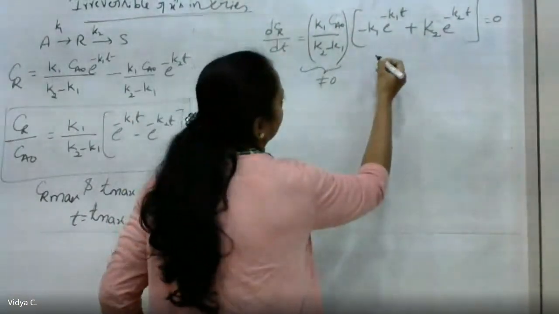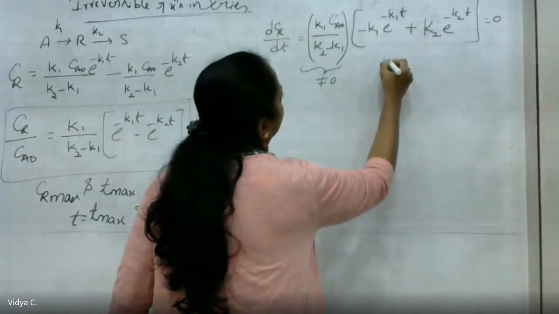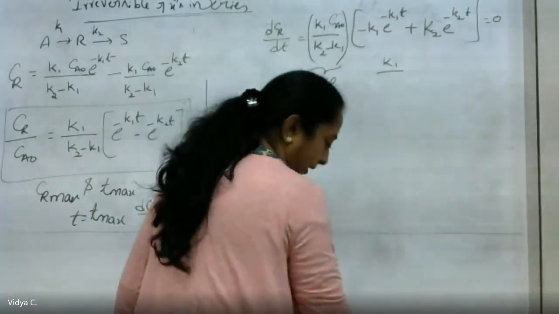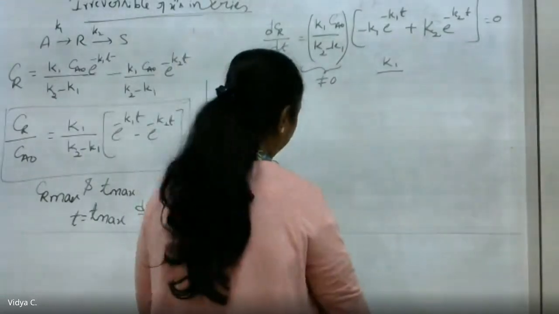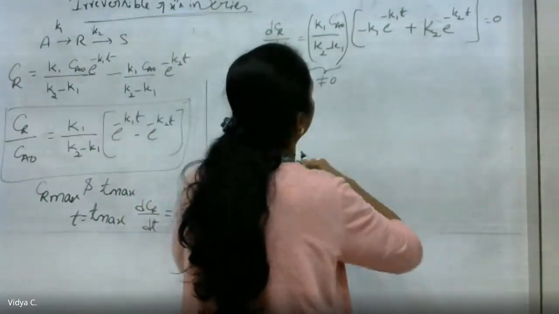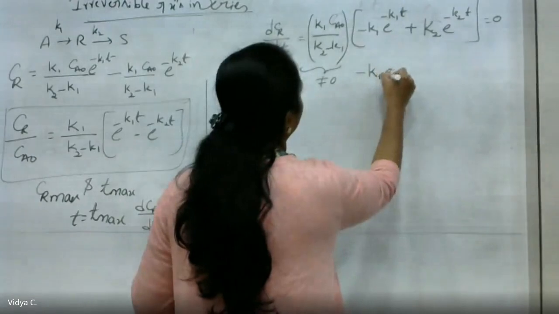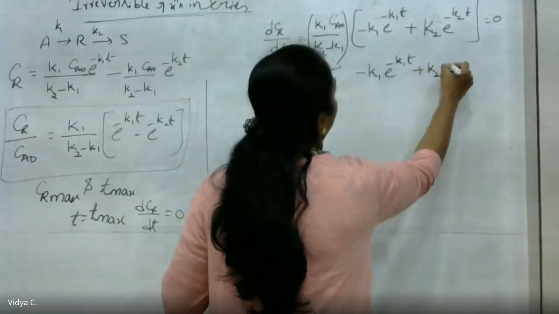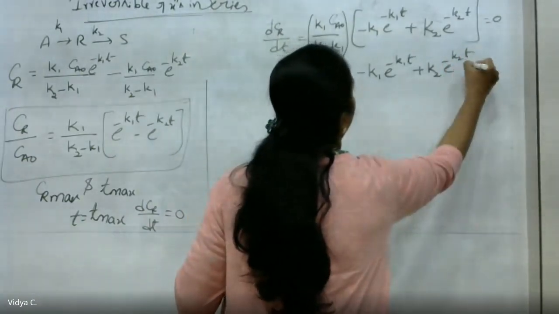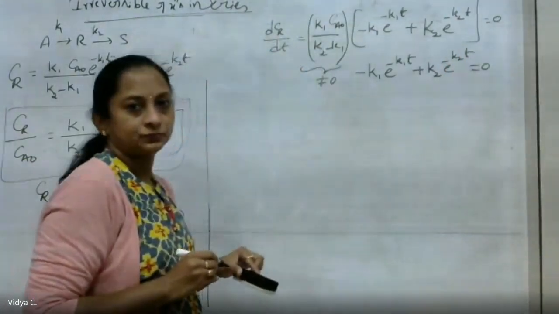So here I can now write minus k1 e to the power of minus k1t plus k2 e to the power of minus k2t is equal to 0.